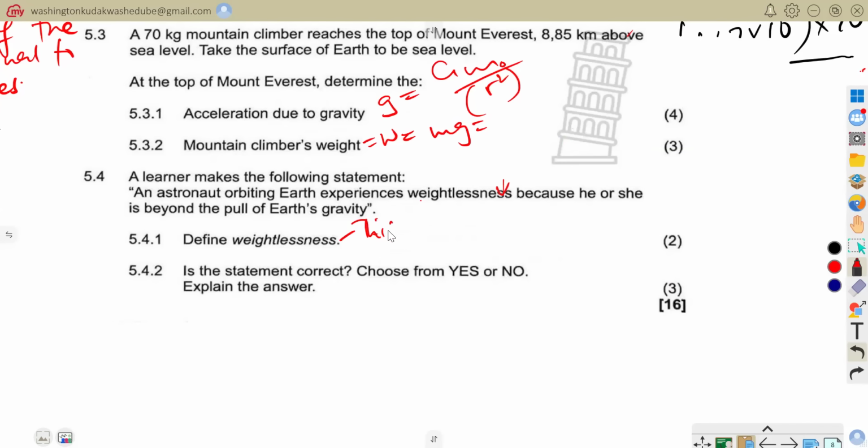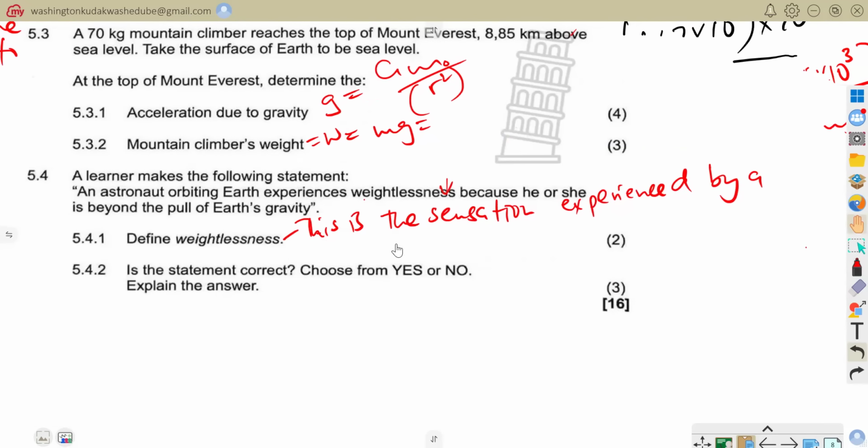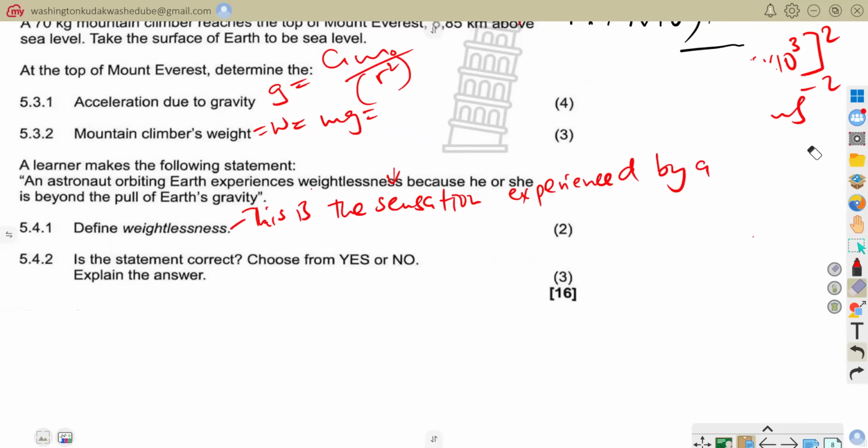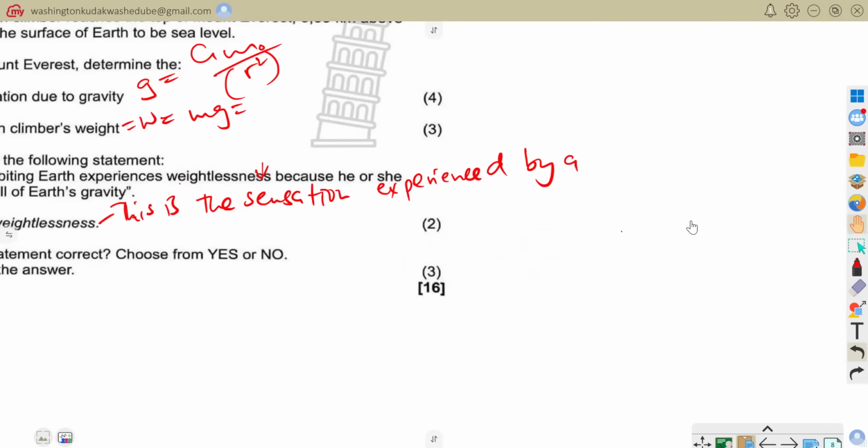So you would say this is the sensation experienced by a body when all forces are removed.